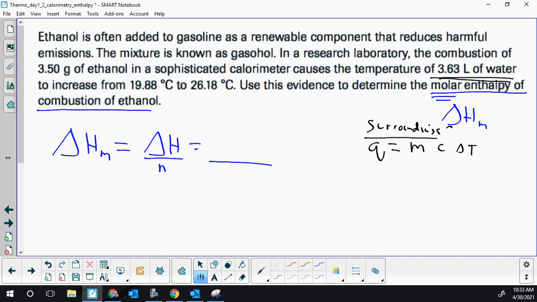Okay? So the surroundings is water. So I need the mass of water, the C of water, the delta T of water. Okay. So I don't care about this ethanol mass for the MC delta T. That's not where the energy went. I need to just focus there. That is the only mention of the surrounding water.